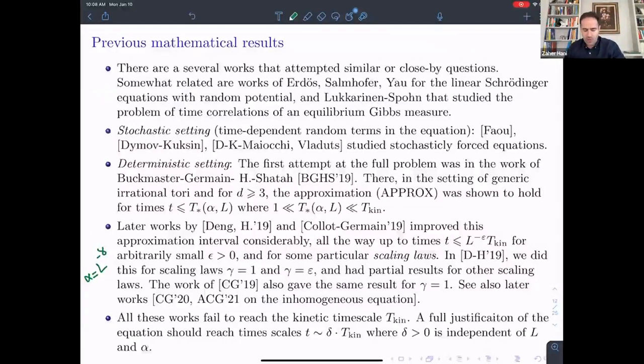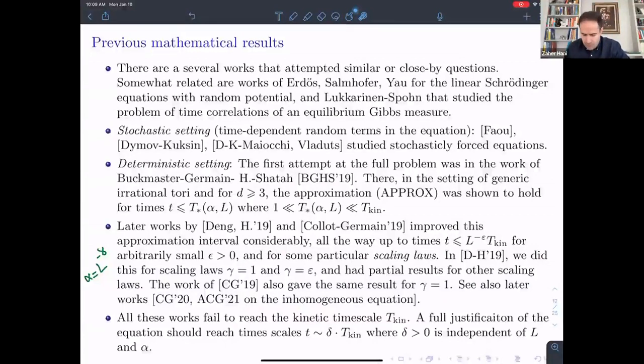So alpha is going to 0 at the rate L to the minus gamma. We did it for those two scaling laws. Collot and Germain did it for the scaling law gamma equals 1. And there were later works by Collot and Germain, and Staffilani and Germain, who treated an inhomogeneous equation recently.